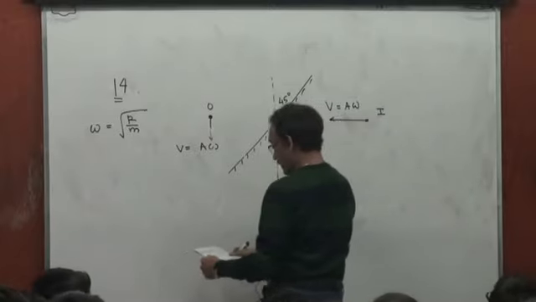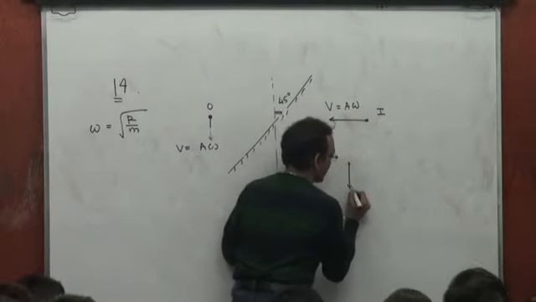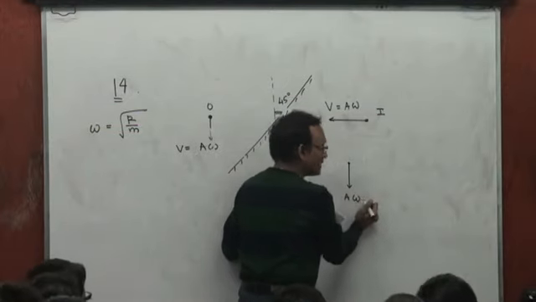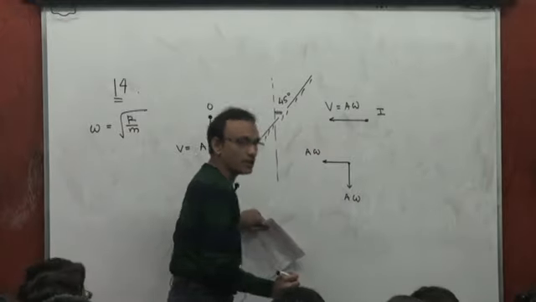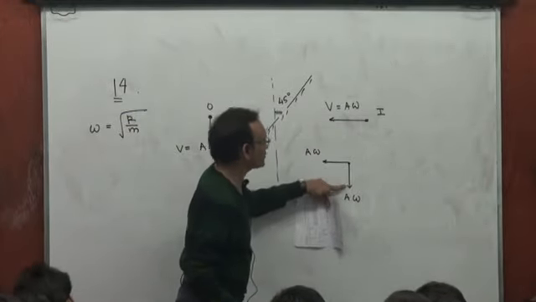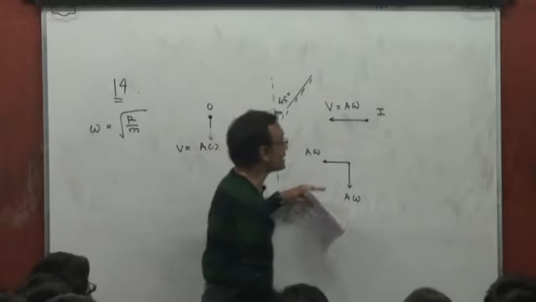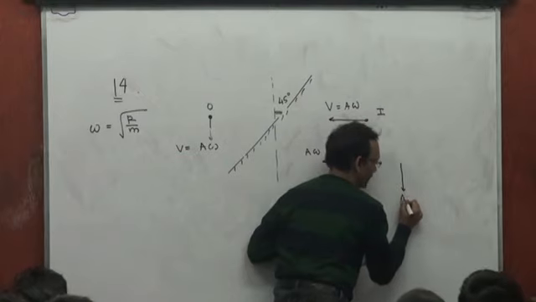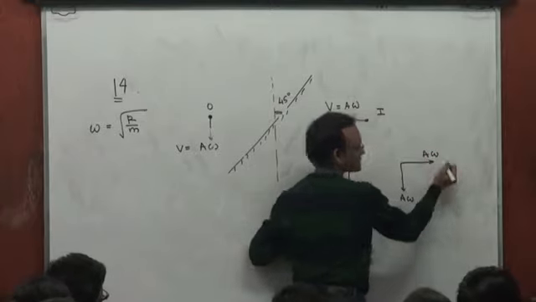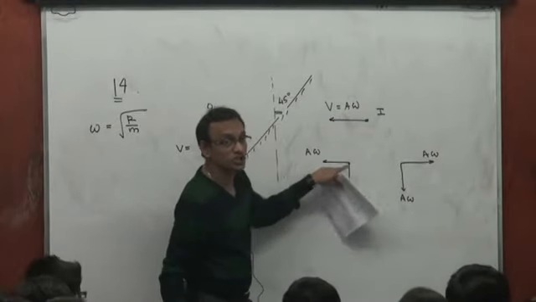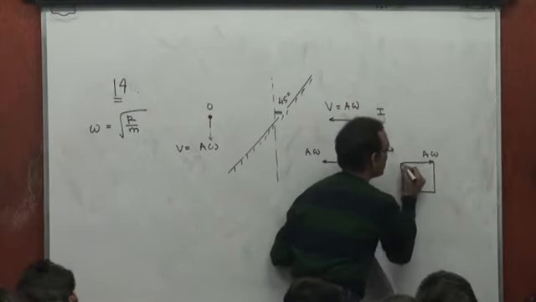Velocity of the insect relative to the image. Velocity of the insect is a omega like this, right? Velocity of the image is a omega like this. So the velocity of the object with respect to the insect is going to be the velocity of the object minus the velocity of the insect. So the relative velocity is going to be a omega for the object, and a omega like this, that is negative of this velocity, and the resultant of these two will give me the relative velocity.